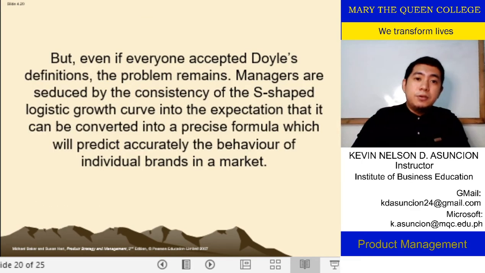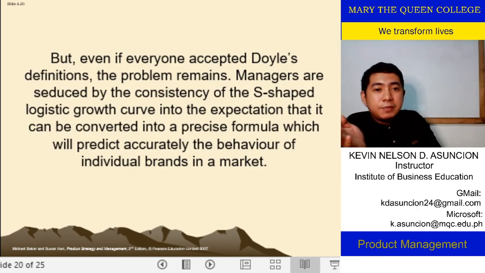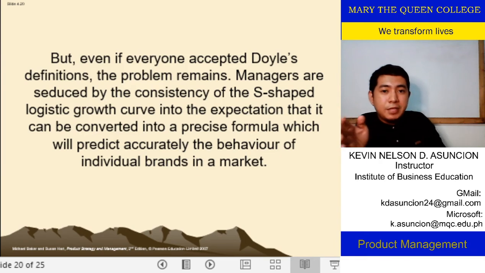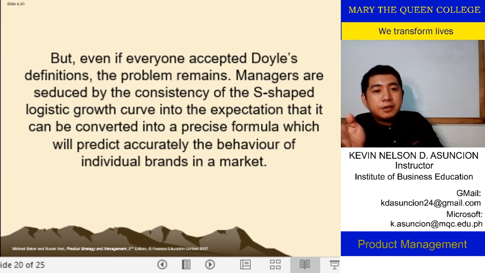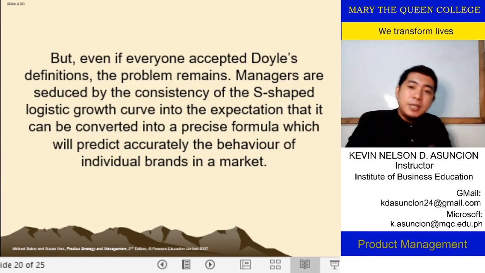Okay. So, even if everyone accepted those definitions, the problem remains. Managers are seduced by the consistency of the S-shaped logistic curve into the expectation that it can be converted into a precise formula which will predict accurately the behavior of individual brands in the market.